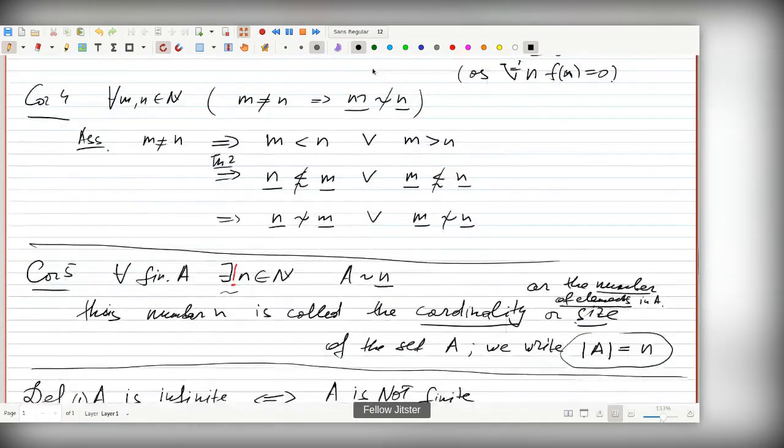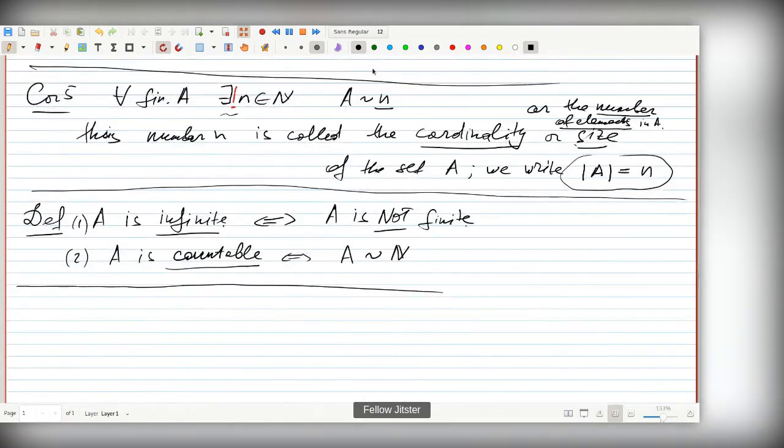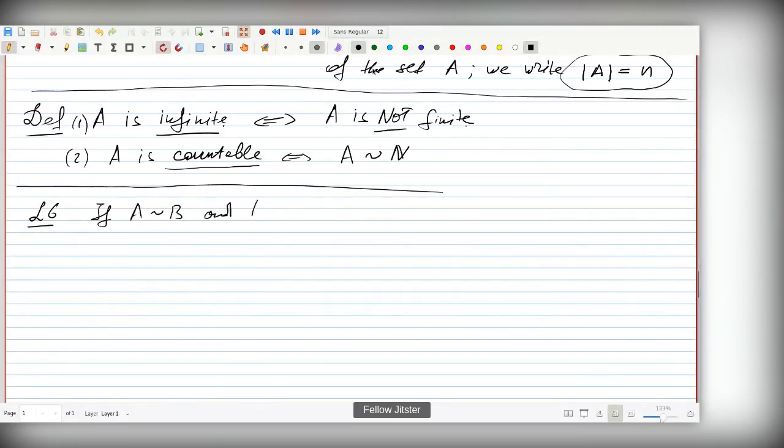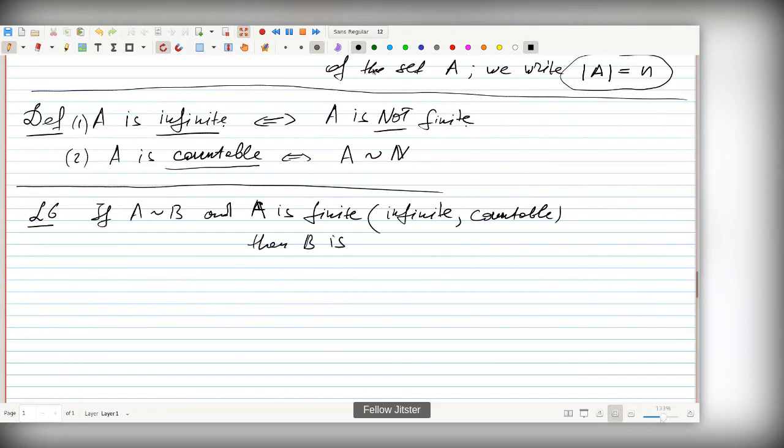And now let us develop a series of finite and countable sets. Lemma 6. If A is equivalent to B, and A is finite, or say infinite, or countable, then B is such as well.